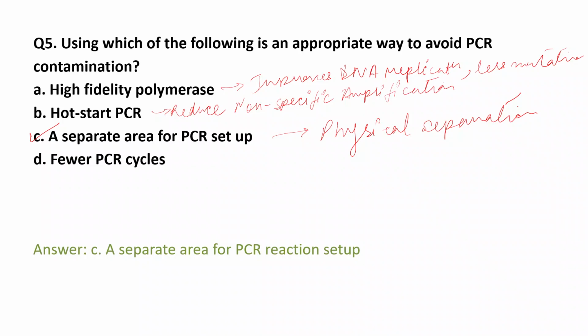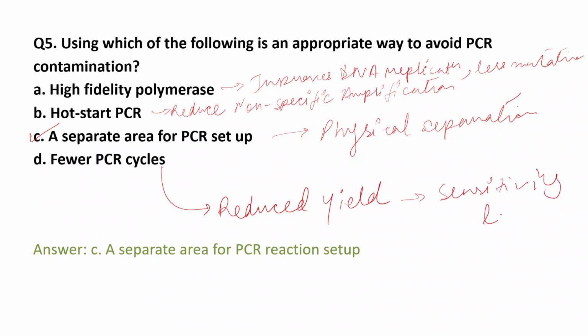When you have fewer PCR cycles, you have reduced yield, and as a result less sensitivity also, and it doesn't address the contamination. So the appropriate answer is C. Is it okay?